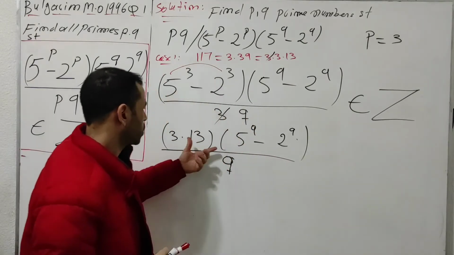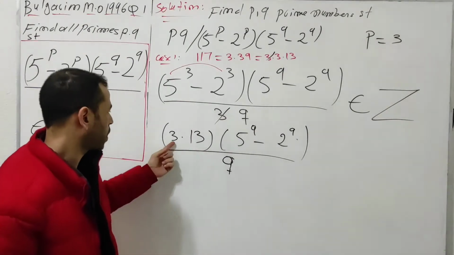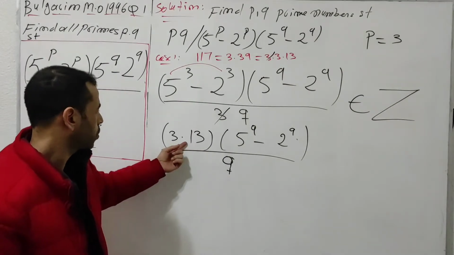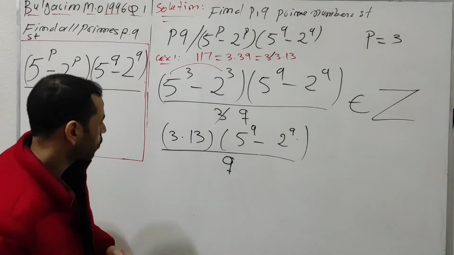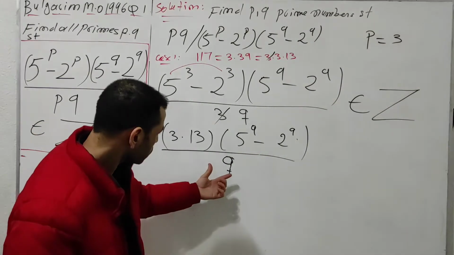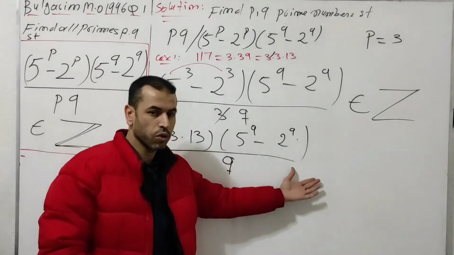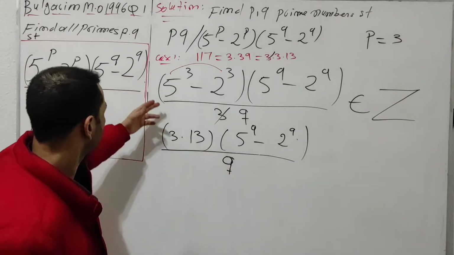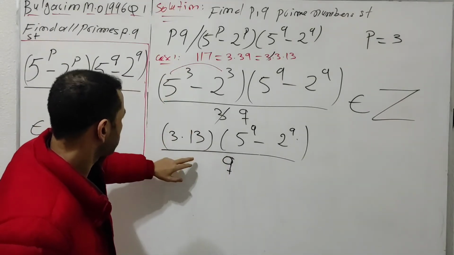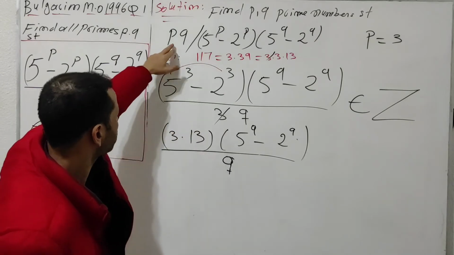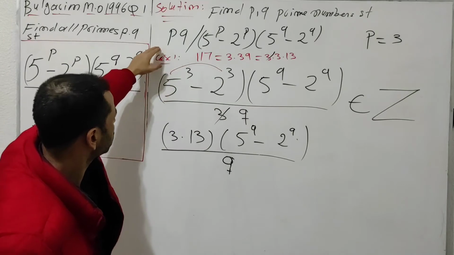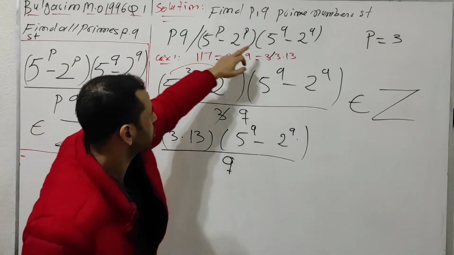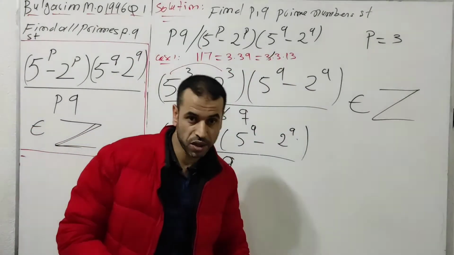Since this is an integer, q divides 3, or q divides 13, or q divides 5^q - 2^q. So we will have the following solutions. I'm going to give the solutions for this case, then we prove the second case, because here we only have p dividing this term. We will check again in the second case, where p divides the other term, to see if it gives the same solution.